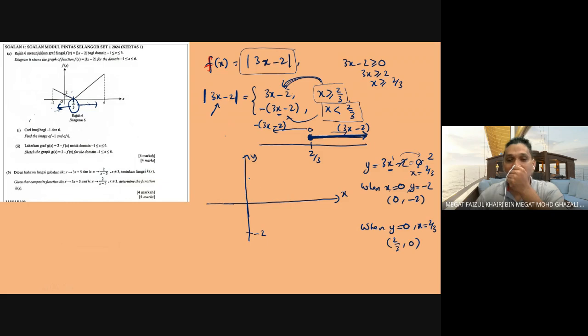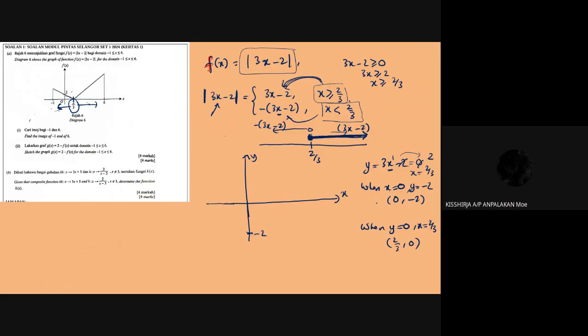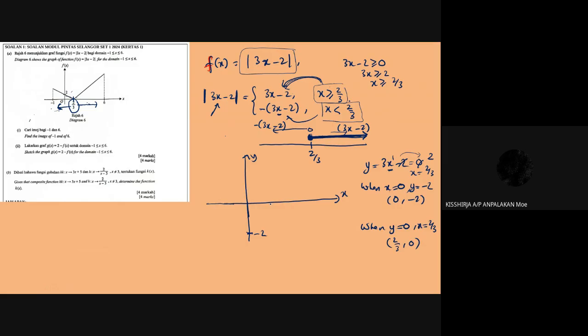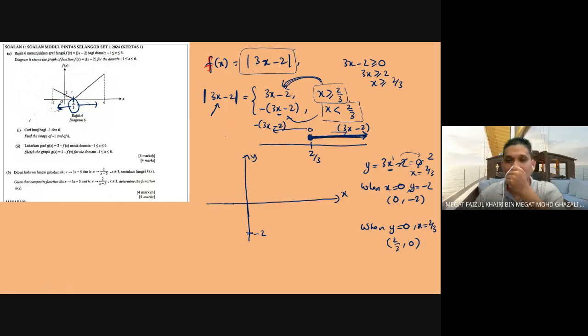Okay, I give you a simple hint. To sketch the graph on the x and y axes, when x equals 0, we are talking about the intersection at the y-axis.